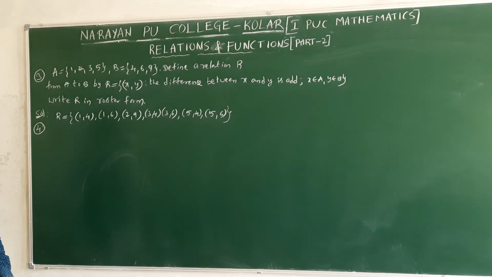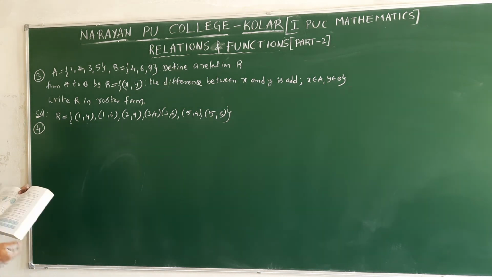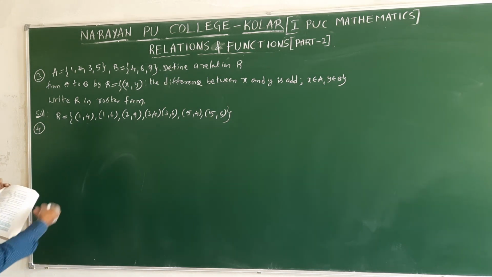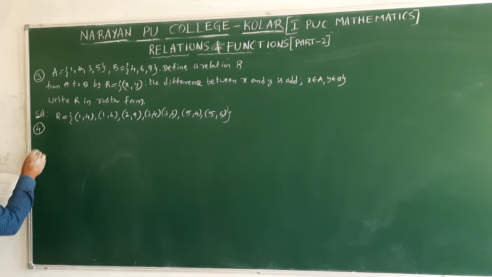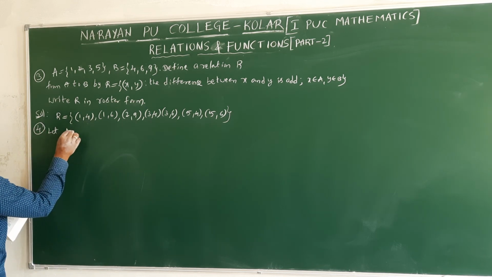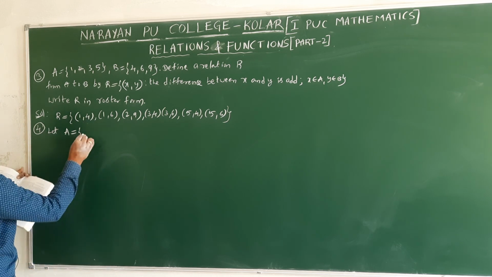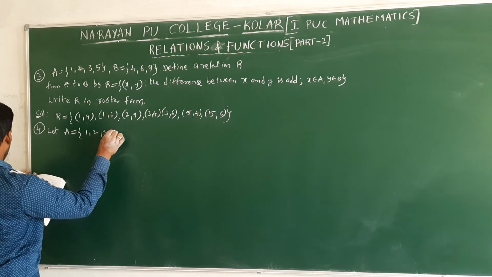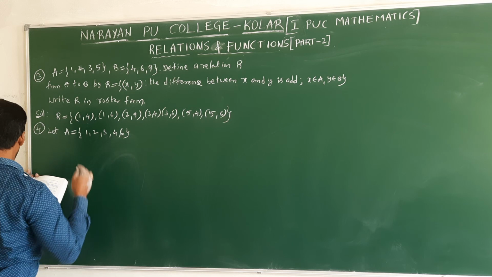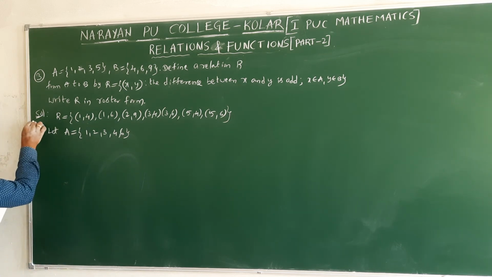Next, question number 4. Fourth one is not required, leave it. Next, continue with the next one. Let A equal to the set {1, 2, 3, 4, 6}. This is also important for 3 marks.